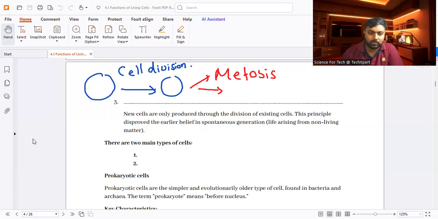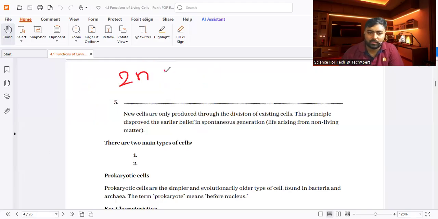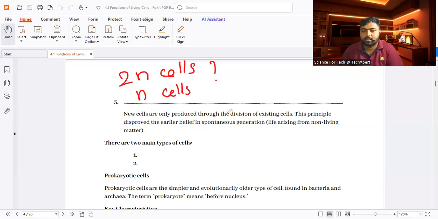Have you heard about 2N cells and N cells? In 2N cells, there are two sets of chromosomes.